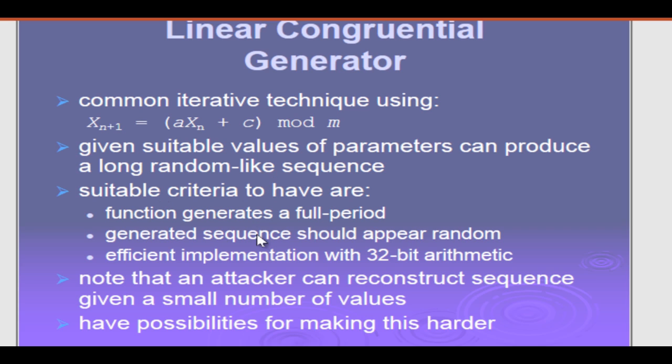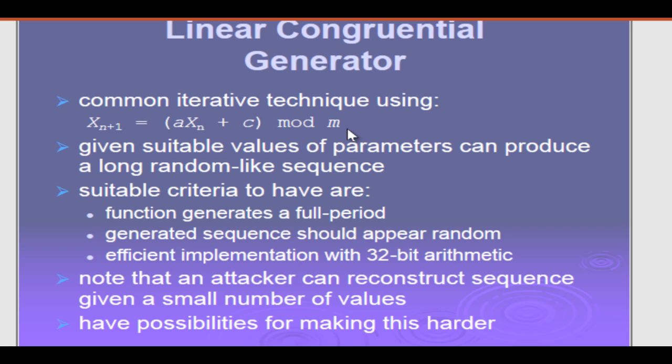But the thing is, you need to generate a full period, in the sense that the values you choose for substitution should be very complex and very large numbers. You shouldn't choose simple numbers. If you choose simple numbers, you will get only a few random numbers, like 10 or 20. But if you choose large numbers for substitution, you will get more random numbers.